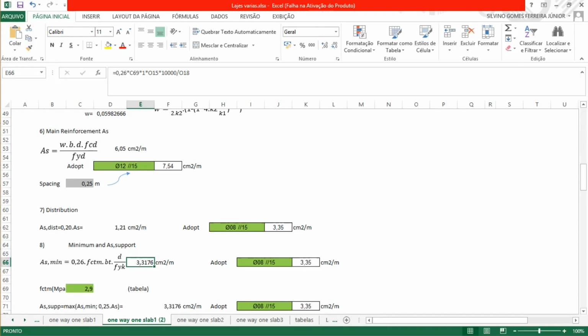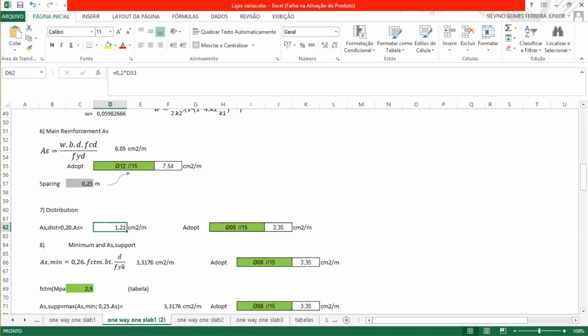So now for the distribution. The distribution reinforcement will be 20% of the main. So it's 0.20 multiplied by 6.05, which gives us this small quantity.